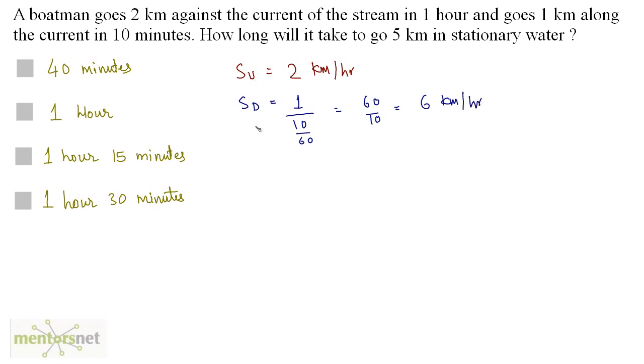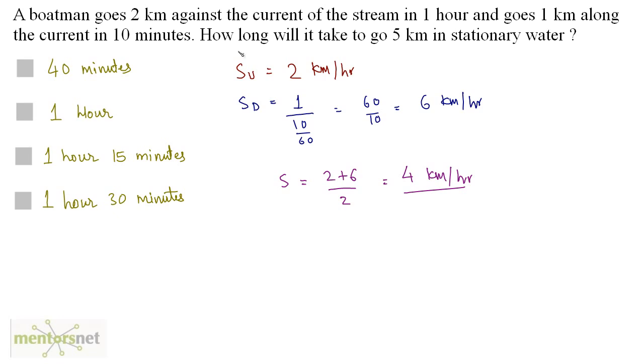So now we have the upstream speed and the downstream speed. Let us calculate the speed of the boat in stationary water, which is equal to the addition of these speeds divided by 2. So 2 plus 6 by 2, and that's 8 by 2, and that's 4 kilometers per hour.